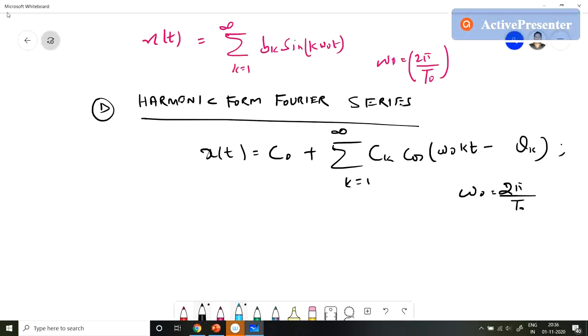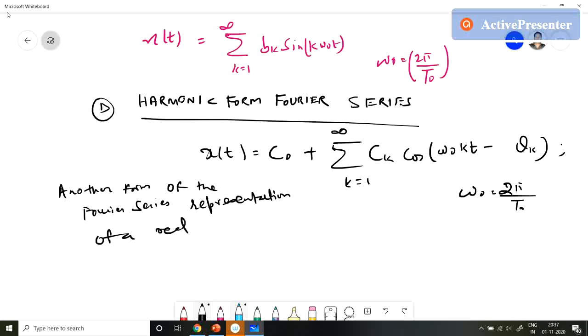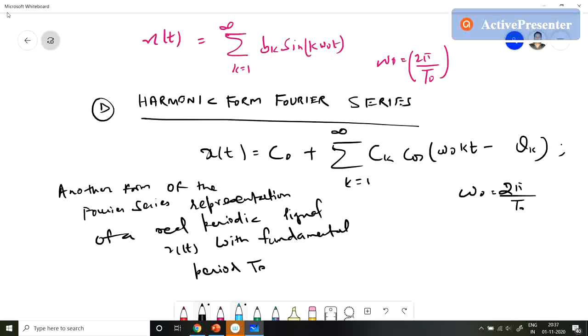So this is another form of the Fourier series representation of a real periodic signal xt with fundamental period T naught: xt equals C naught plus the summation from k equals 1 to infinity of ck cos(omega naught kt minus theta k), where omega naught is 2 pi divided by T naught.